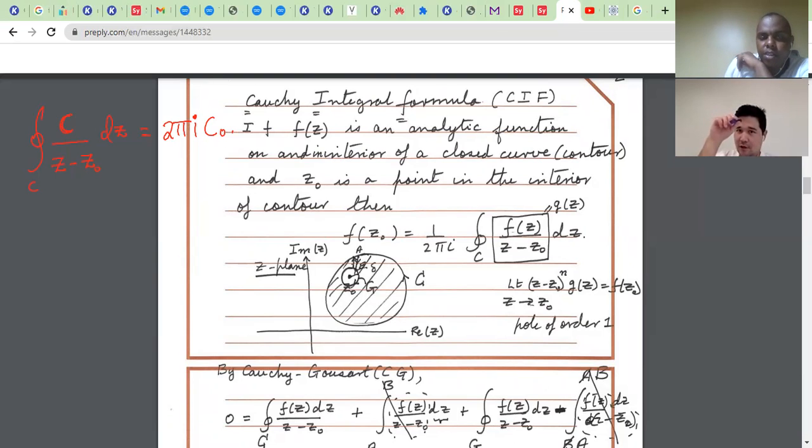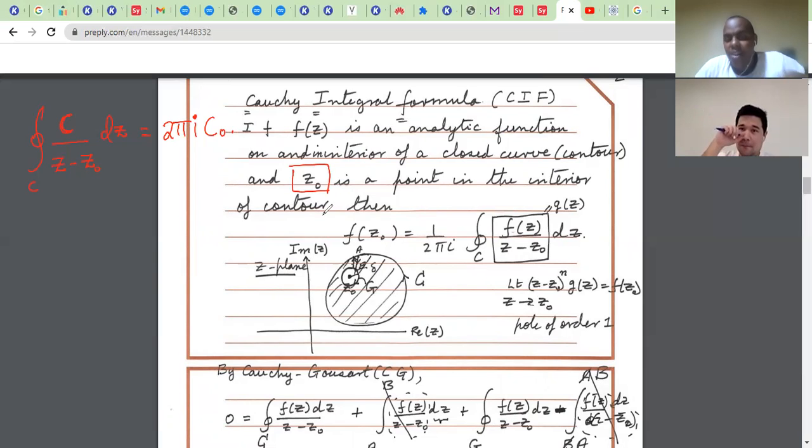No, the function is analytic. Sorry. The function is still analytic at z naught. But it should be equal to 0 because the contour is closed and simple and the function is analytic.